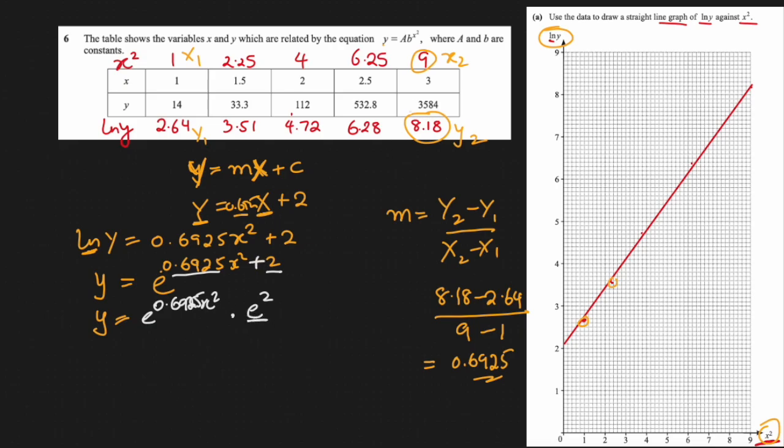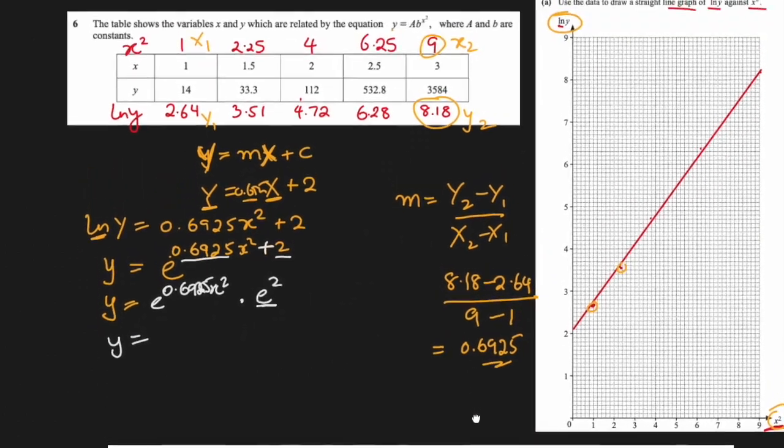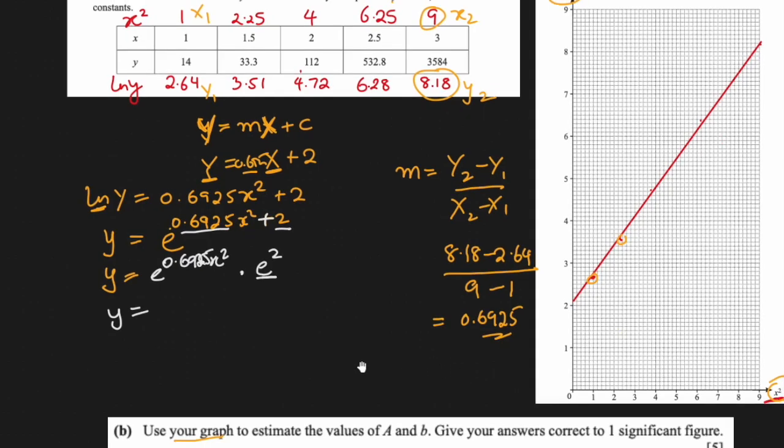Now e square will give us a. So y equals, I'll write the e square first and evaluate this. E square is about 7.38 something, but if you notice, they want one significant figure only. So e square is coming out to 7.39 almost, but since we want only one significant figure, we will write only 7. Now e to the power 0.6925 to the power x square. We can separate these two.